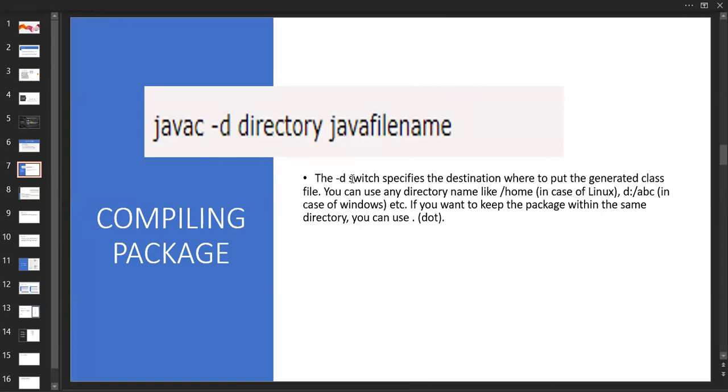The -d switch specifies the destination where to put the generated class files. Destination in the sense of which folder, which directory. A directory consists of a number of folders, so inside a particular folder is where you are going to place it.